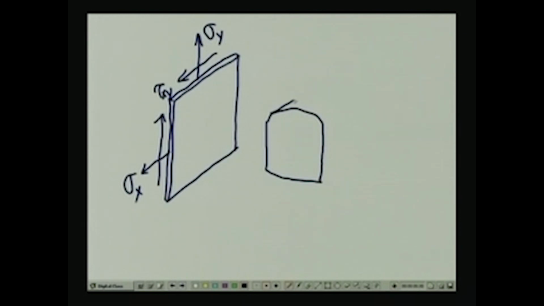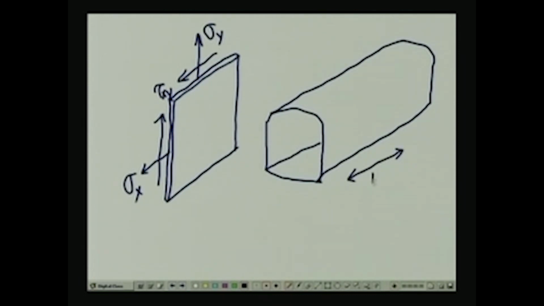Any problem which has got one of the dimensions very long in comparison with other dimensions, like for example, you are trying to compute the stresses around a tunnel for instance. In this case, this dimension is very long in comparison with other dimensions, then this type of problem is called a plane strain problem. So, here what is happening really is in the long direction you do not develop any strain, or you can actually neglect the strain in the long direction.